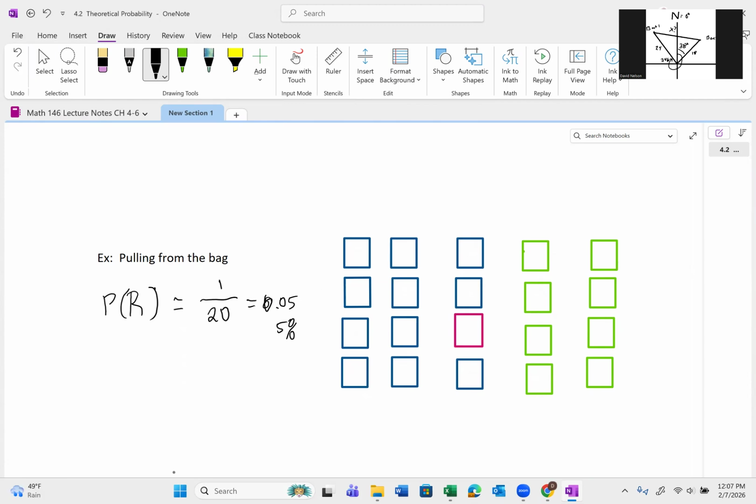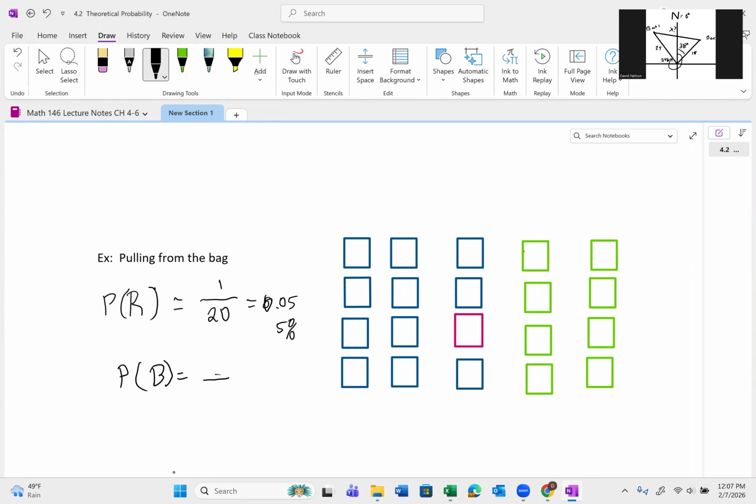Okay, some other questions we can do: looking at your bag, you had different colors. There's some yellow ones, some green ones, some blue ones. Those varied a little bit, but there was a total of 20 tiles, and one of those 20 tiles was red. But if this was the bag we were looking at, what would be the probability that we end up with something blue?